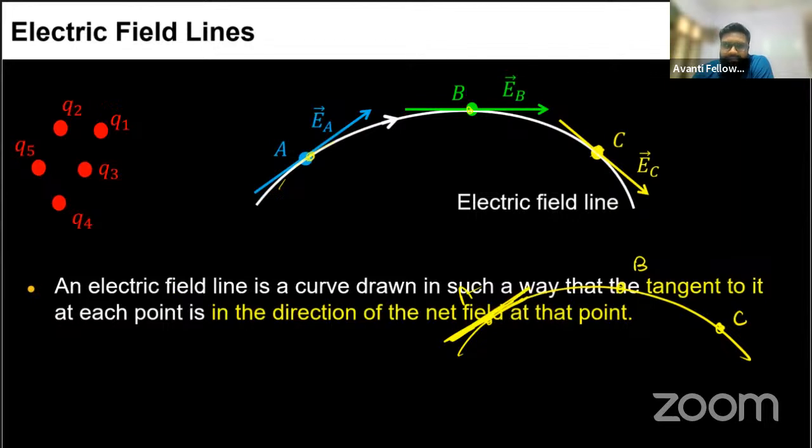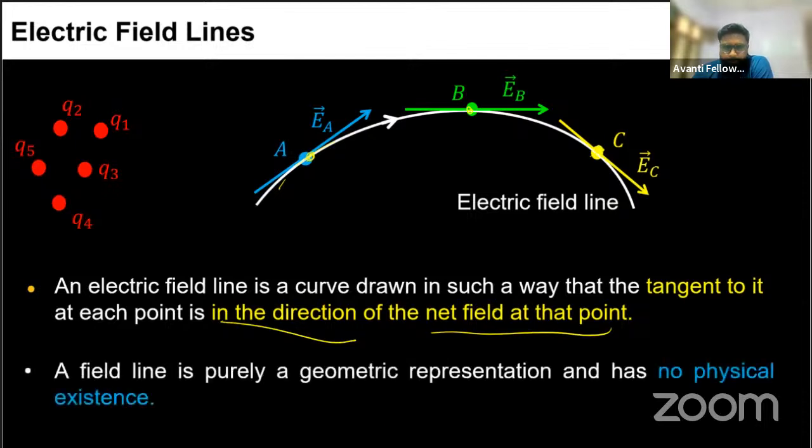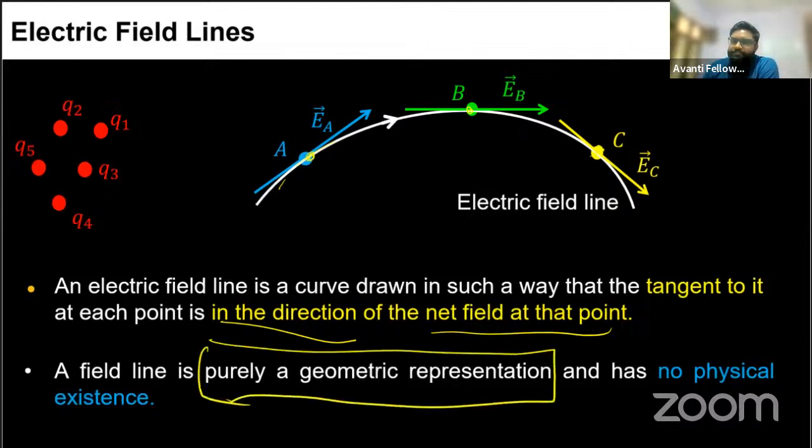So electric field line is a curve that is drawn in such a way that the tangent to it at each point is in the direction of net field at that point. As I've already told you, these are just imaginary lines. There is no physical existence. You will not get to see these lines going around. No, this is not going to happen.